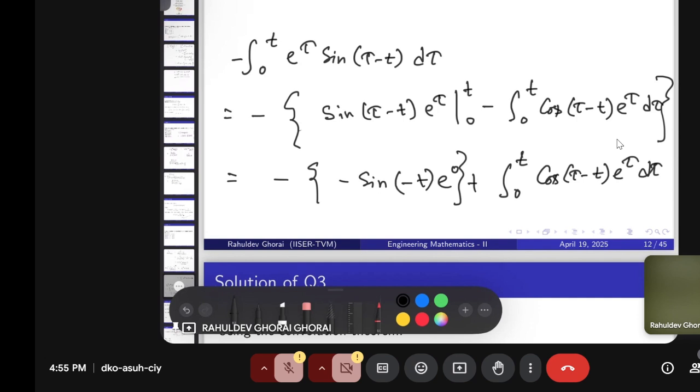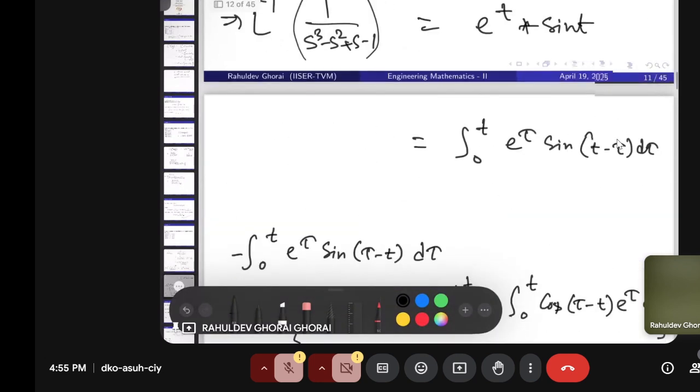Now if you do it again, then you will get, this is anyway minus of sine t. So you will again get from here, cos of t minus tau e to the power tau, you will again get minus of cos t. Right?